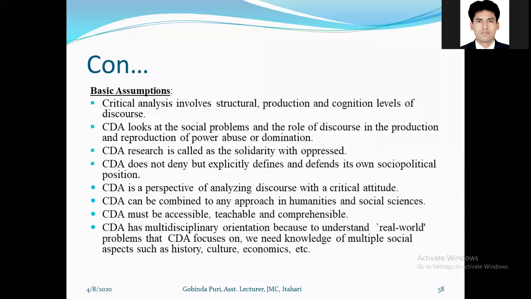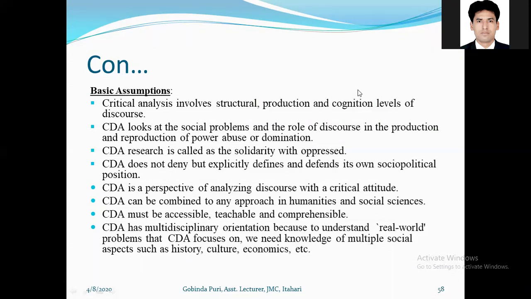Okay, there are some basic assumptions under this approach that you have to keep in mind all the time. So critical analysis involves structural, production, and cognition levels of discourse.